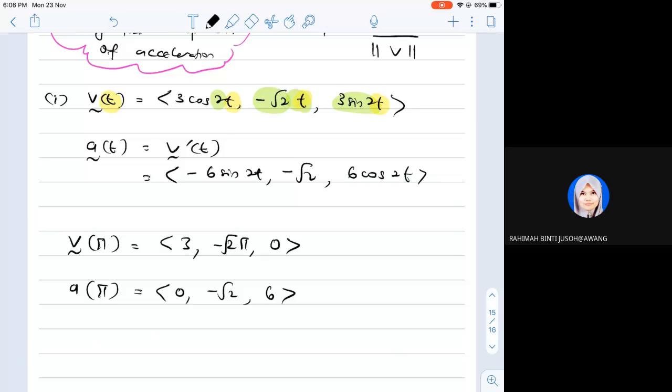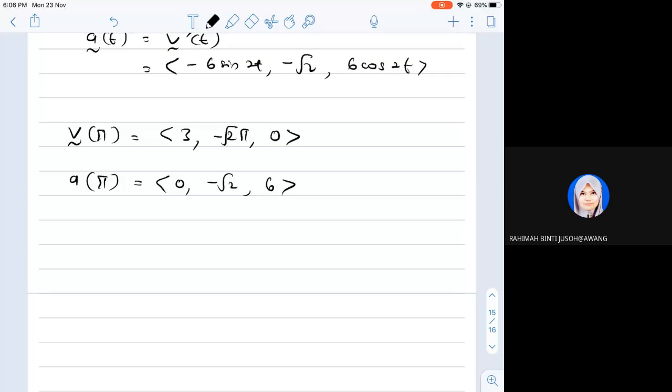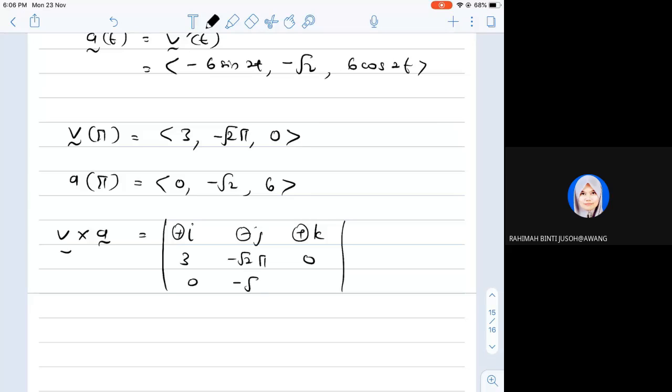Alright, so now we should find the cross product V cross A. We have i, j, k with signs plus minus plus. Here we have 3, negative square root 2 pi, 0, and 0, negative square root 2, 6.